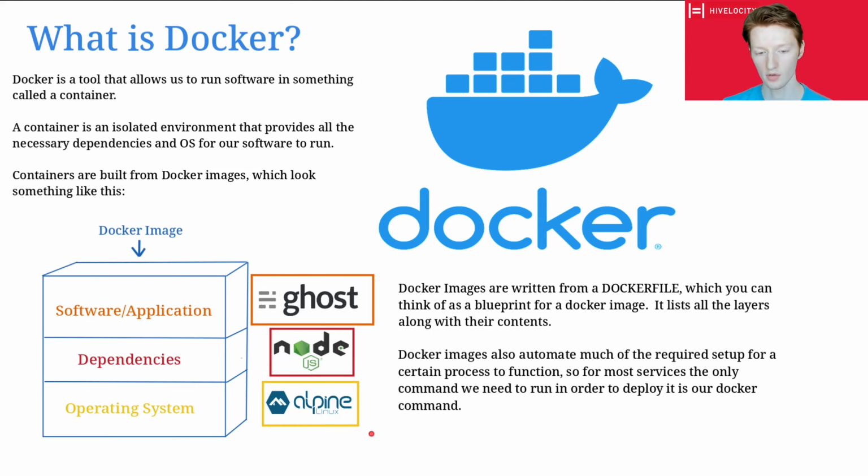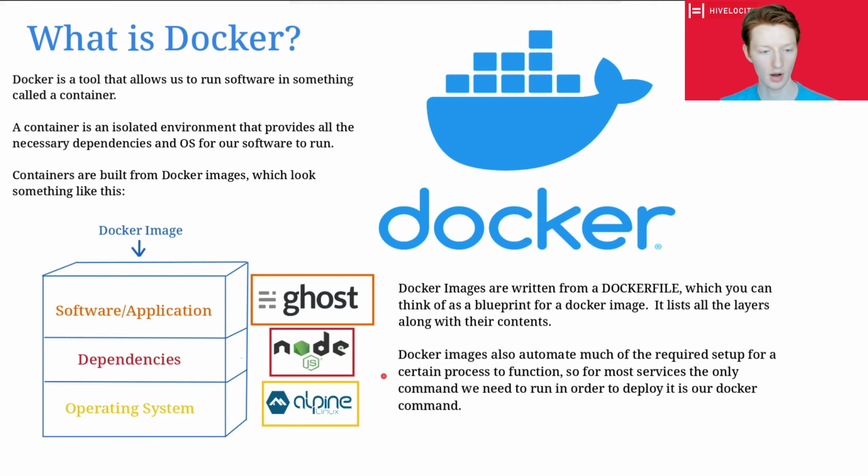All we need is the bare minimum required to run Ghost at the top. So all we need for our operating system layer in a Docker image is to be able to run the stuff above it. That's all we need and nothing else. And the result is that Docker images are very small in size, far smaller than something like a virtual machine.